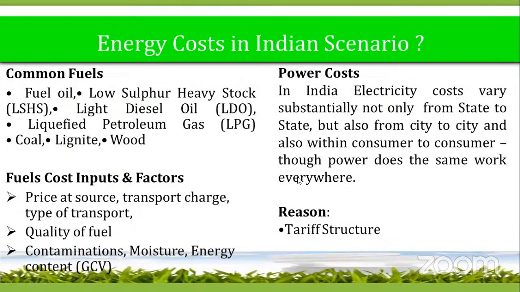Going forward, energy cost in the Indian scenario. The Indian scenario has a lot of information. Common fuels include fuel oil systems, low sulfur heavy stock (LSHS), light diesel oil (LDO), liquefied petroleum gas (LPG), coal, and lignite. All these are commonly available fuels. Depending on the cost and availability, say for example, the Ukraine-Russia war is going on.